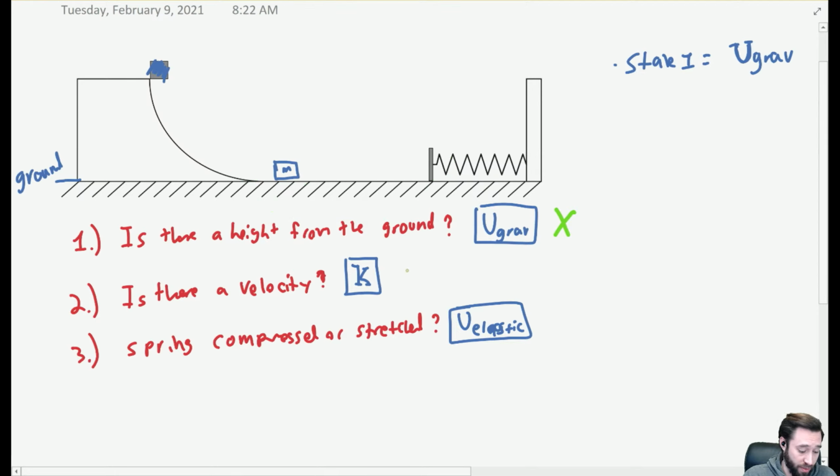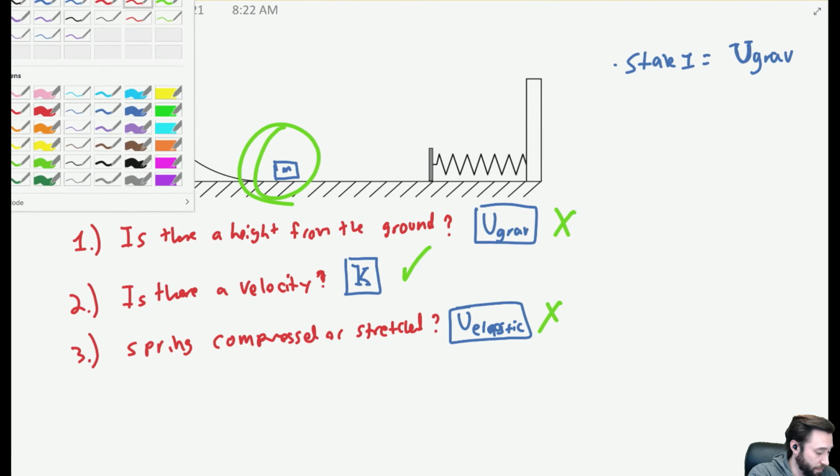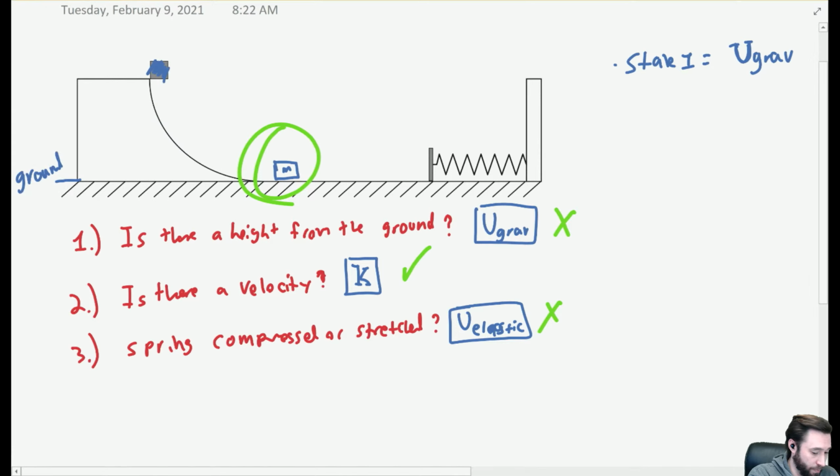So yes, there is a velocity. And at this point, the spring is not being compressed or stretched, so there's no U elastic. Try to keep the colors the same. So at state 2, this is going to be kinetic.